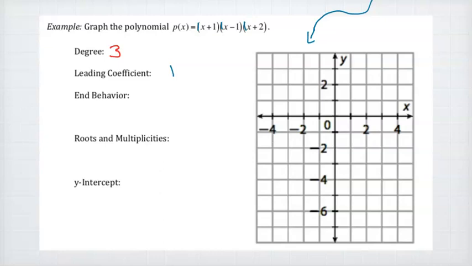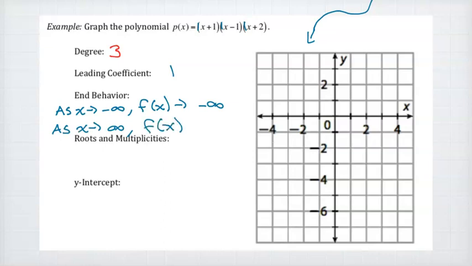The way we write that is we say as x approaches negative infinity, on the left-hand side, my function will also approach negative infinity. As x approaches positive infinity, on the right-hand side, my function is also going to approach positive infinity. Down on the left, up on the right.